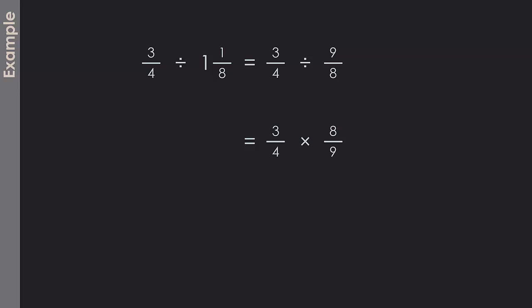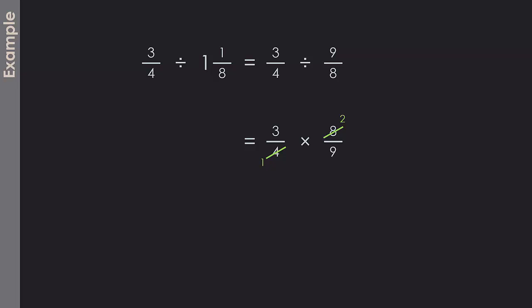We can solve this multiplication using cross-canceling. Let's see here 4 and 8. 4 and 8 are divisible by 4. 4 divided by 4 equals 1, and 8 divided by 4 equals 2.